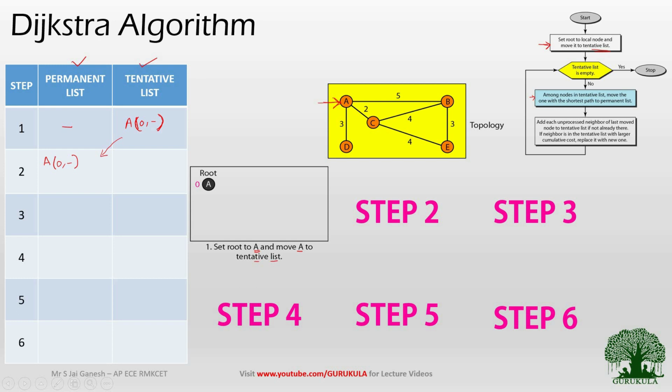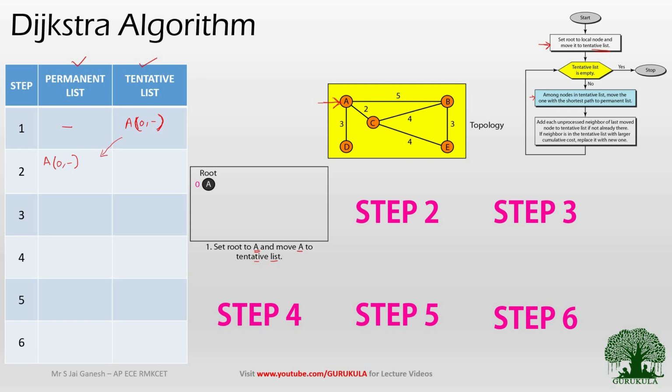So add each unprocessed neighbor of the last moved node to the tentative list. The last moved node to the permanent list is A. Now I need to add all the neighbors of A to the tentative list. Before moving it to the tentative list, we have to make sure that it is not already processed, or it should have the least cost.